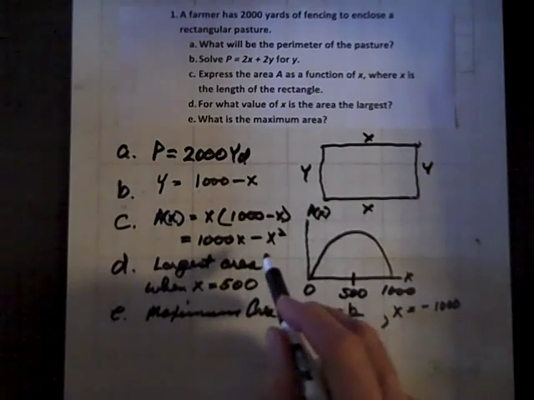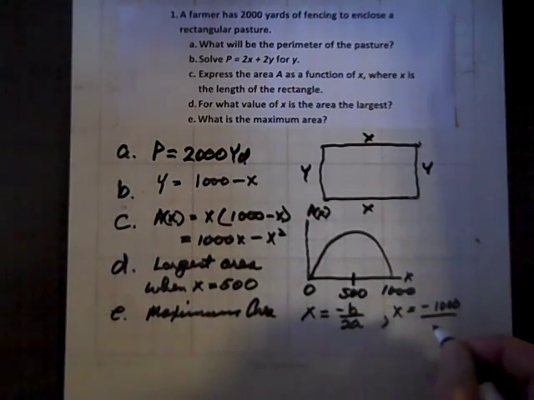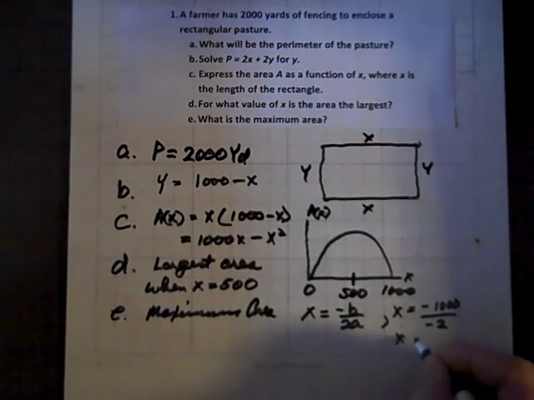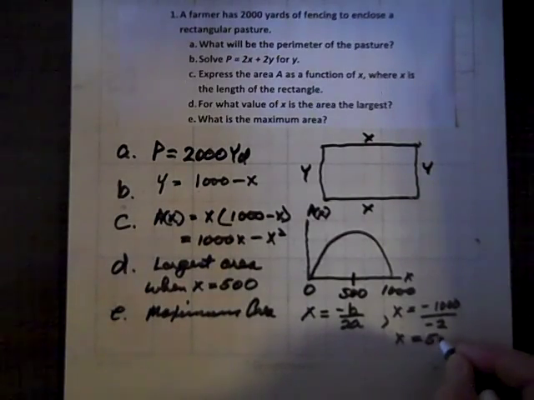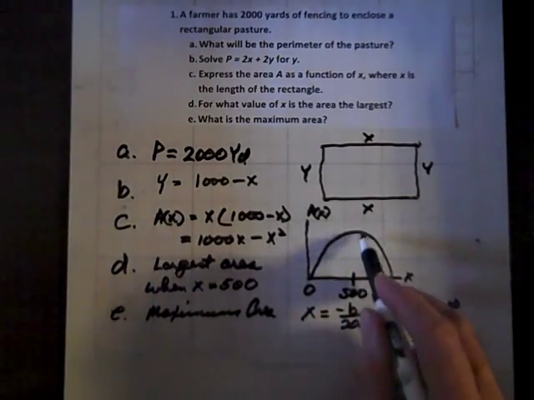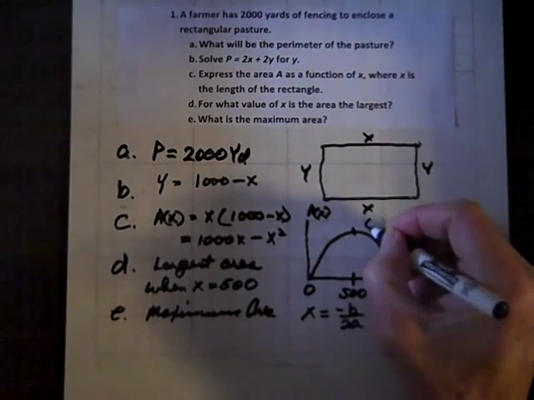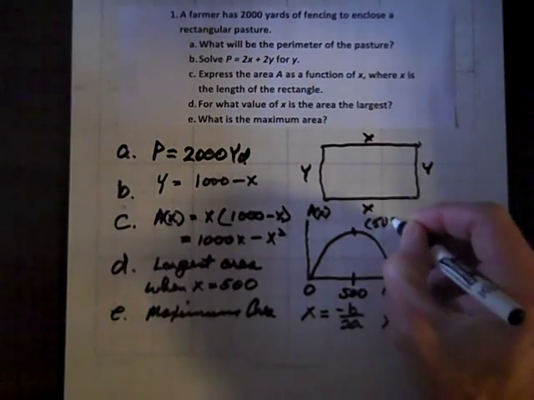And 2a, well, a is negative 1, I beg your pardon, so 2 times negative 1 is negative 2, and we still get the axis of symmetry at x equals 500, and so the max occurs at x equals 500. So there we have 500.